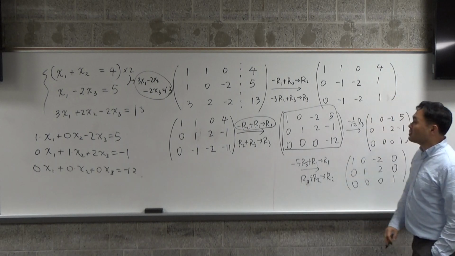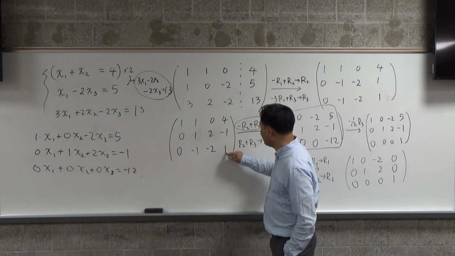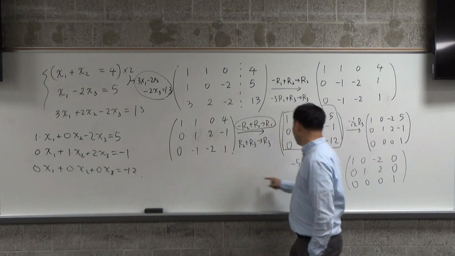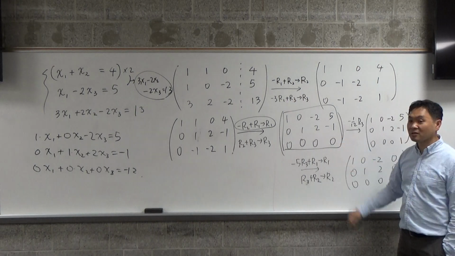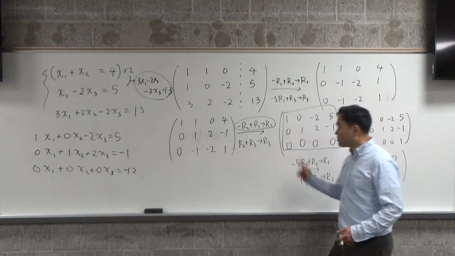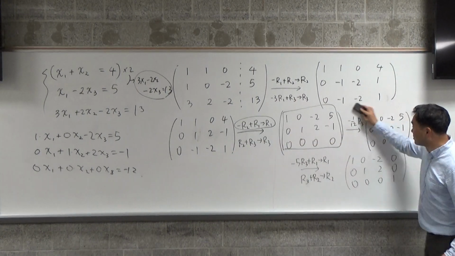Okay. And then you can see that this is just +1. When this is added to this, what do you get? You get 0. If that's what you have, then this is already row reduced echelon form. You can't do anything more because it's 0.